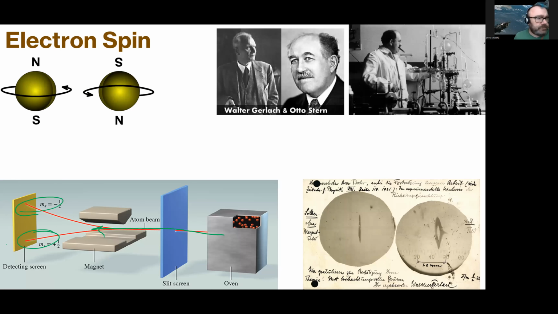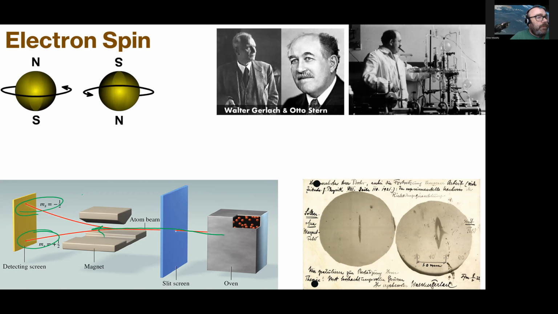So what they realized was that half of them are attracted to one side of the magnetic field and half of them are attracted to the other side. So somehow these atoms have magnetic fields in them.